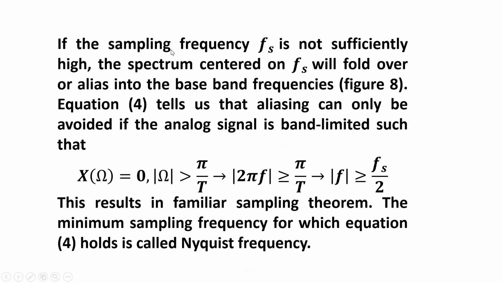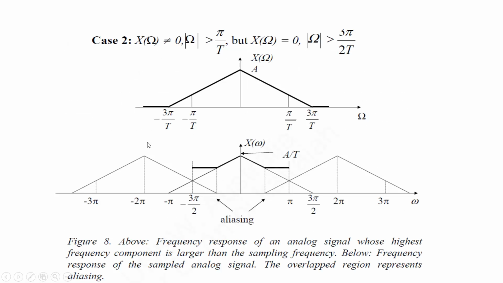Now, if the sampling frequency Fs is not sufficiently high, the spectrum centered on Fs will fold over or alias into the baseband frequencies as shown in figure 8. Because if the spectrum extends beyond minus pi by T on the negative side and beyond pi by T on the positive side, there will be overlapping as shown in this figure.